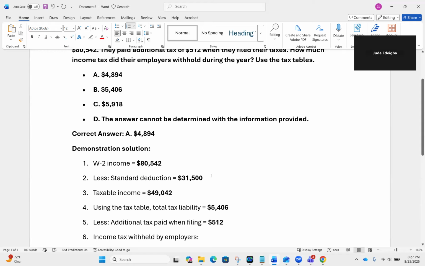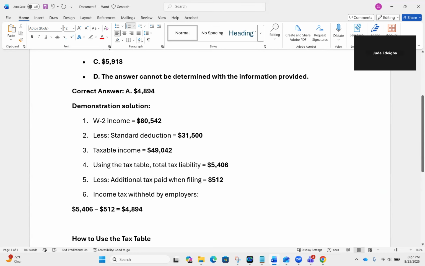Now, the standard deduction for 2025 for married filing jointly is $31,500. If they were single, that would be a different amount. Now, you take this amount to the tax table, you find out what is the tax liability for this amount. This is the taxable amount, and here is our tax table.